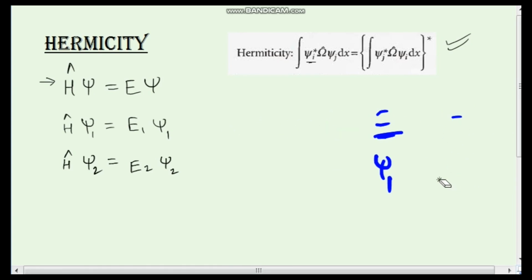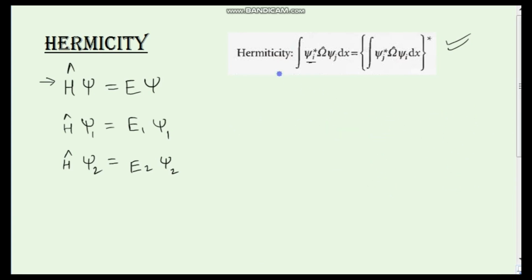Moving on. So Hermiticity means a Hermitian operator will be such that when it operates on these two wave functions, the eigenfunctions, in this manner, that means the integration of the conjugate of psi 1, let's say, operating on psi 2, over some interval, let's say x1 to x2, we don't know yet.